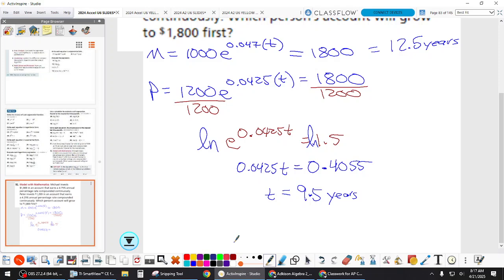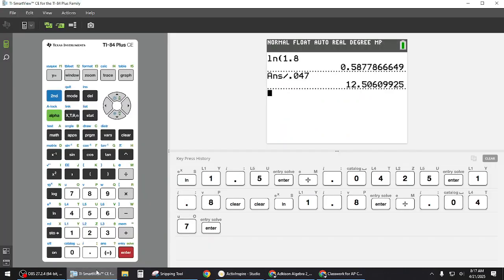Okay, so let's now do the same and solve for, let's say, $8,000 and see if it continues to be true that Michael's slower in getting there. And you can just run the numbers on your calculator.